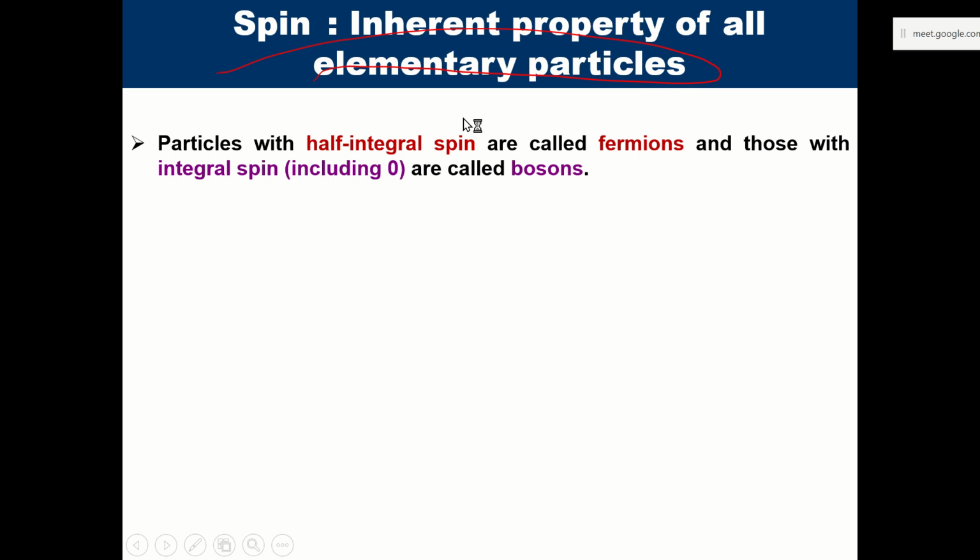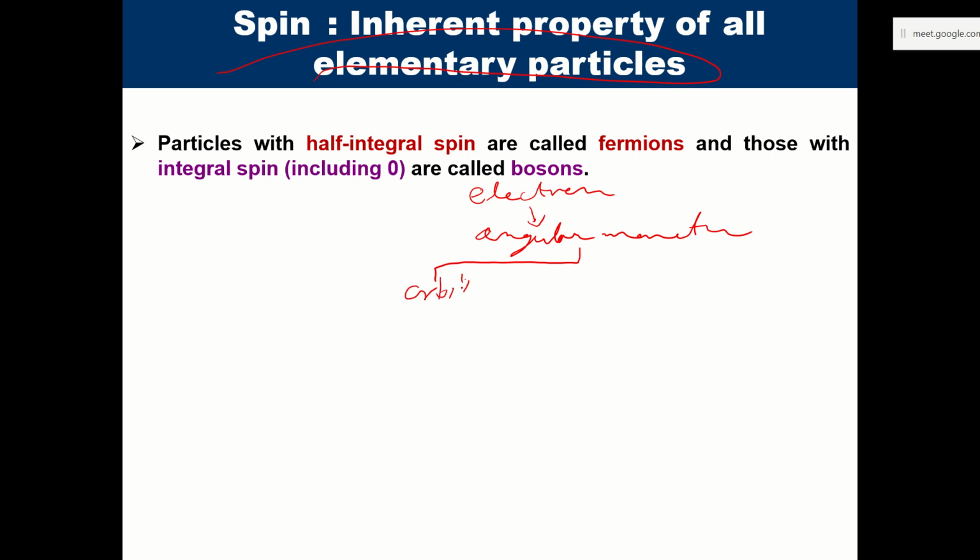Have I told you this, that when you talk about the electron, we have considered it has angular momentum, and this angular momentum can come from the orbital motion, or it can also come from the spin that we have been talking about.